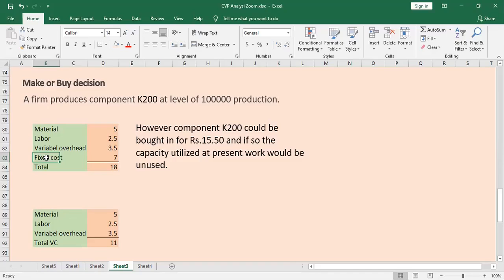But here it says that the capacity utilized at present would be unused, so it will be idle.